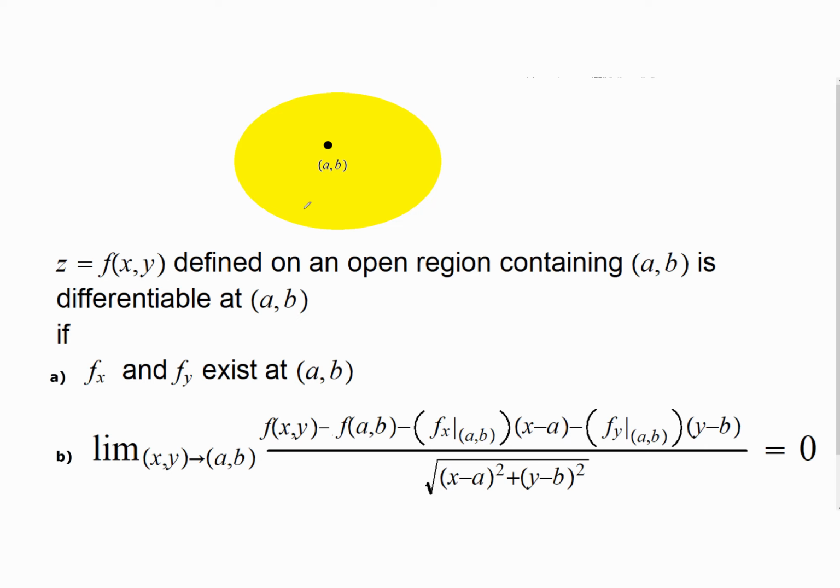So now take a function f of two variables defined in an open region containing this point (a, b). We will call that function differentiable at (a, b) if the partial derivatives with respect to x and with respect to y exist at (a, b), and the limit of this quantity goes to 0.